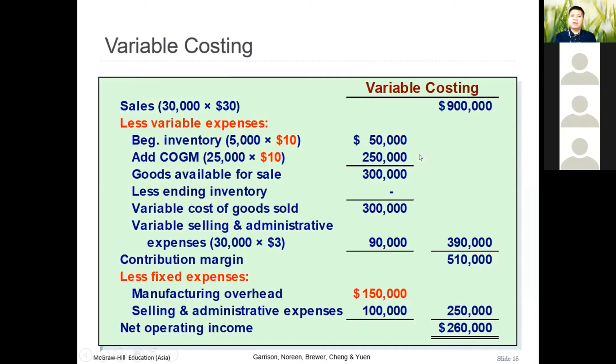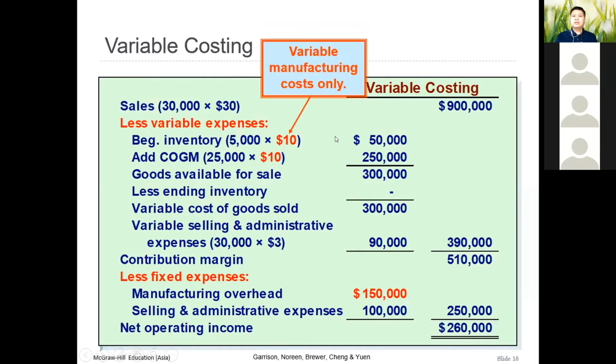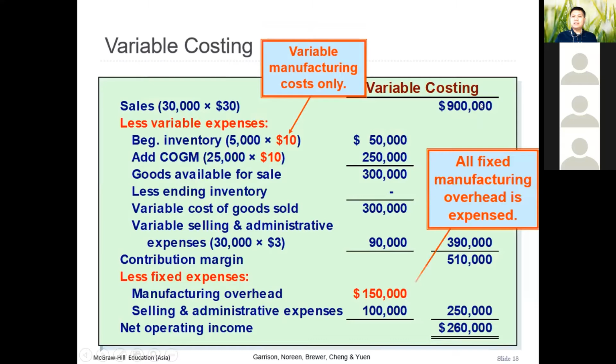Next, under variable costing, of course, you have the same amount for sales. This time, the unit product cost is 10, not 16. So 5,000 times 10, that's 50,000. 25,000 times 10, that's 250,000. You add, there's no ending inventory, so this is still 300,000.